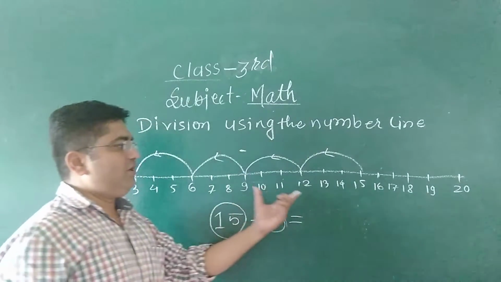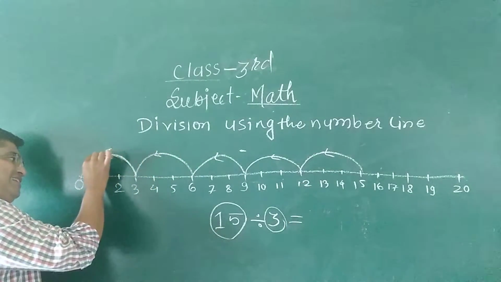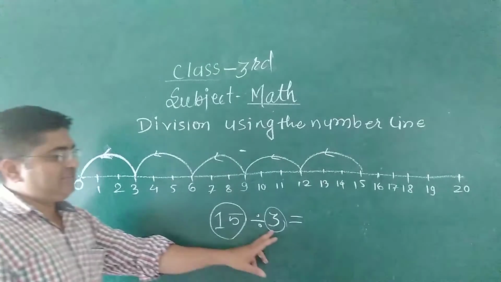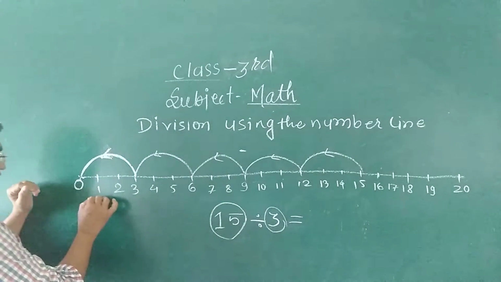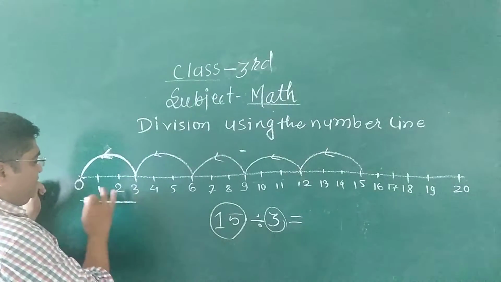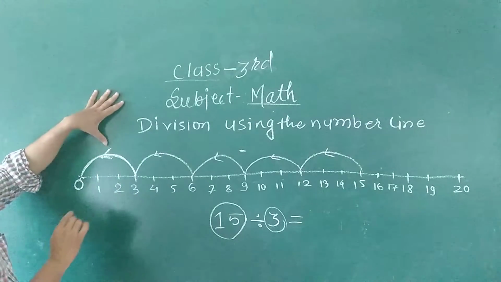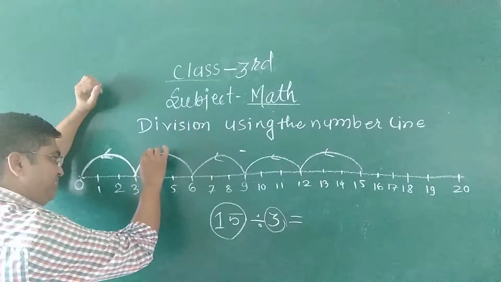Until 15 we have to draw such semicircles or half loops on the number line, because it is divisible by 3. So this is 3, the first loop.